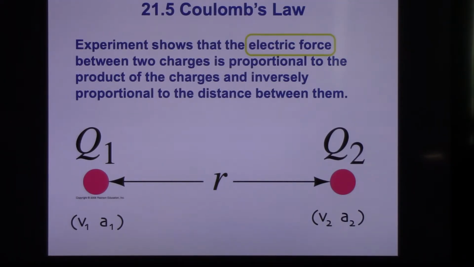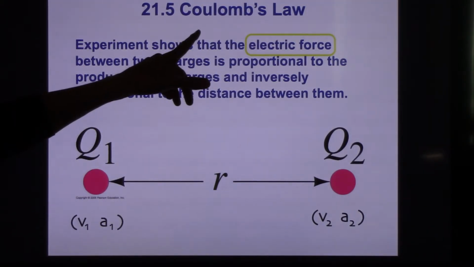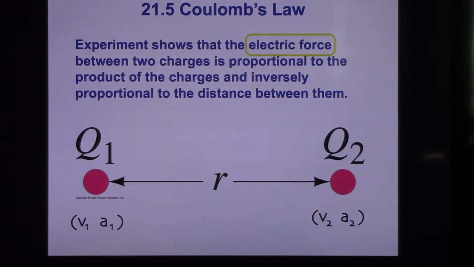Now, the formula we're going to come up with, Coulomb's law, or the electric force, is going to be exact as long as the two charges are not moving relative to each other. So as long as the two charges are not moving, we can treat them as if they're both at rest. We'll develop formulas for that.